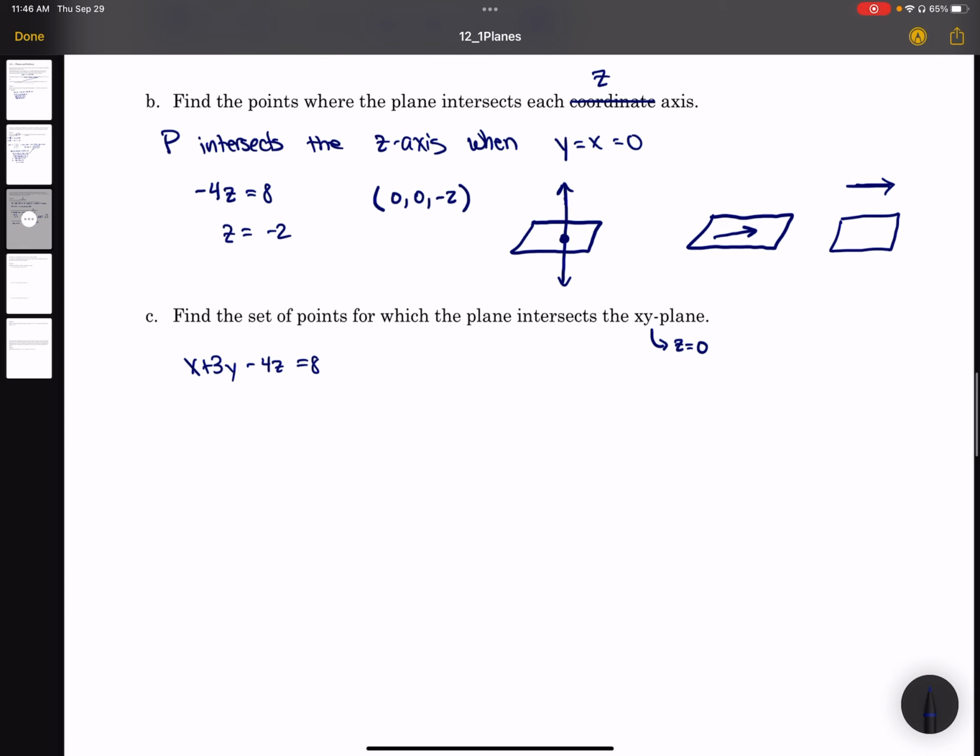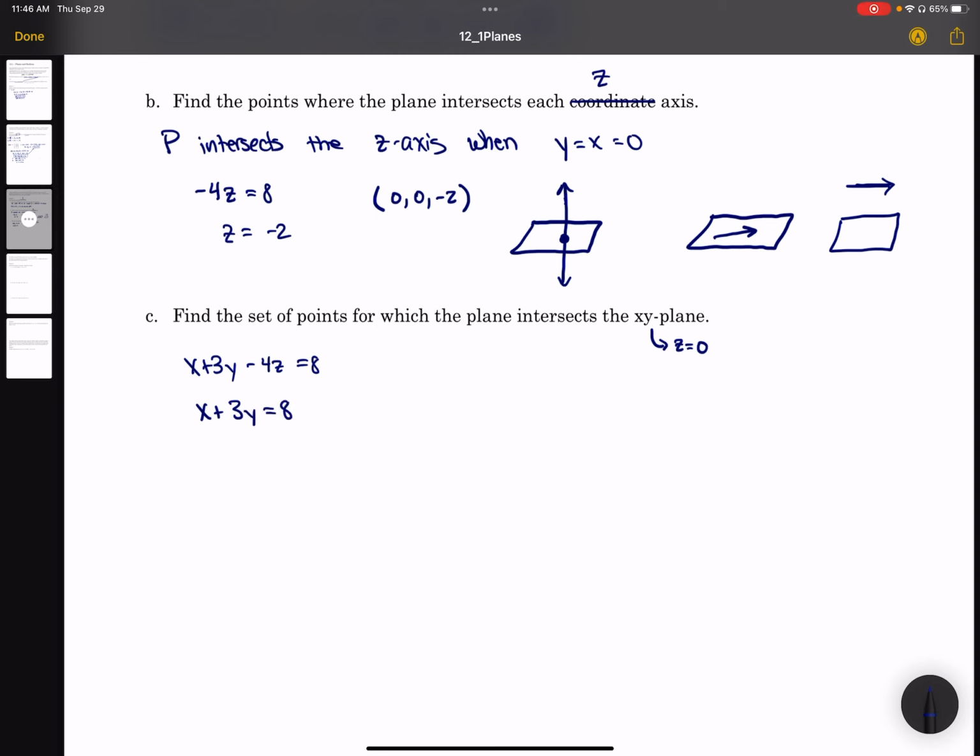If we're going to intersect the xy plane, it means that we're really operating in 2 dimensions. And so the intersection of 2 planes we're going to find out is itself a line. So if z equals 0, what that means is that x plus 3y equals 8. That's the set of points.